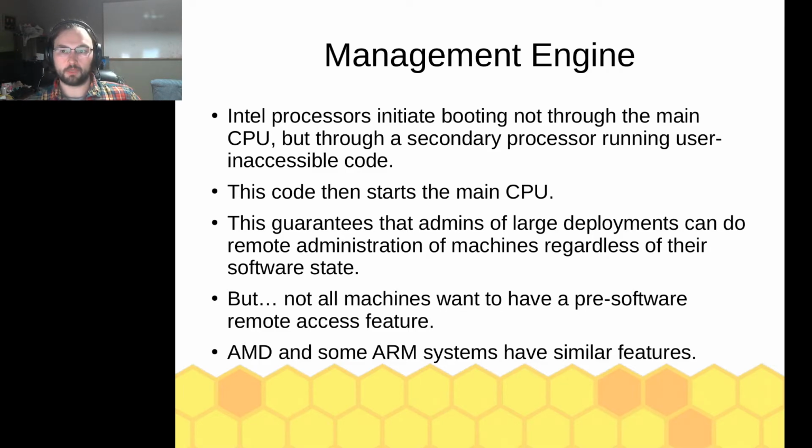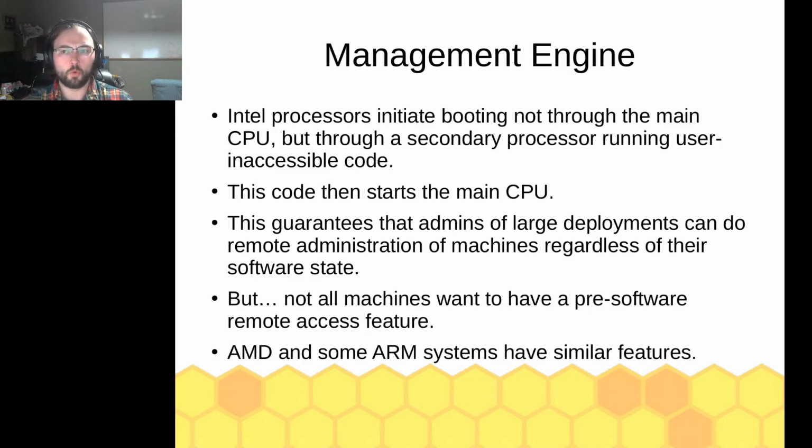You could install FreeBSD on a random machine in a conference room at Northeastern University or at some big company, IBM, or maybe some company that isn't a technical company, 3M, Minnesota Mining and Manufacturing, and the admins for that company or organization would be able to re-image that machine remotely using this management engine functionality and install the latest version of Ubuntu or Windows 10 or whatever it is that machine is supposed to have on it.